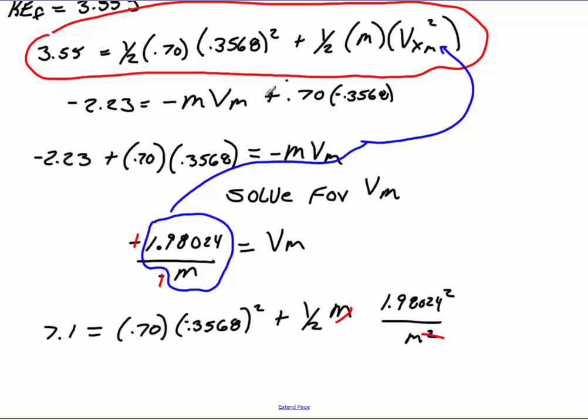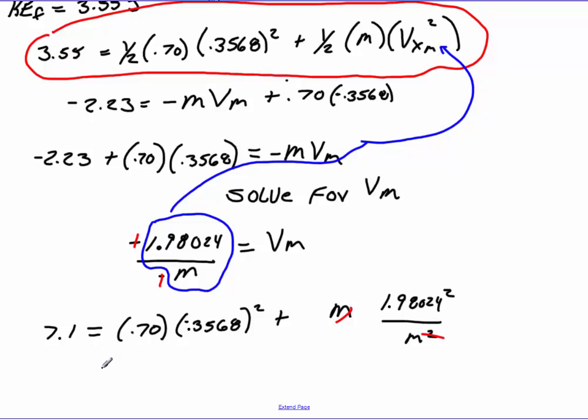Alright, so now we're ready to solve. So 7.1, we're going to move all this to the other side. 7.1 minus 0.7 times 0.3568 squared. Oops, need to give her the 1/2 too. We multiply that by 2.